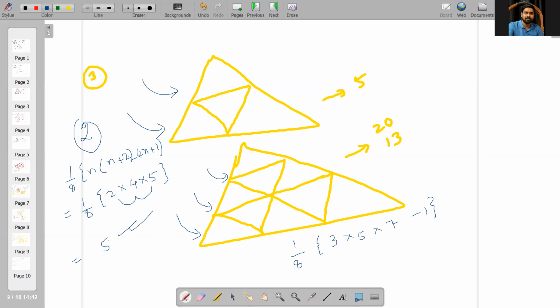Just multiply it out. 105 minus 1 is 104. Now I understand that all of you know the tables. If you divide this by 8, you get 13. So directly you get the answer. Clear?